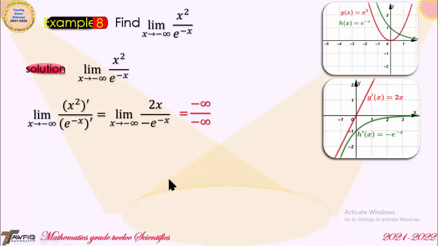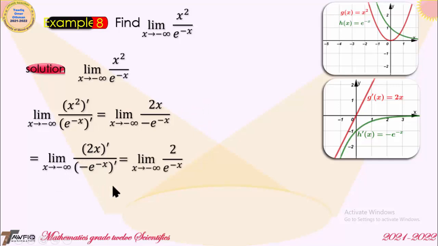Therefore, we must take the derivative of the numerator and denominator another time. The limit when x approaches minus infinity, the derivative of 2x over the derivative of minus e to the power minus x. The derivative of 2x is 2, and the derivative of minus e to the minus x is e to the minus x.